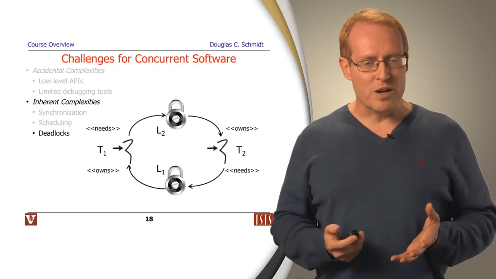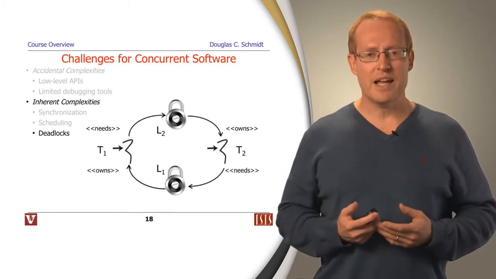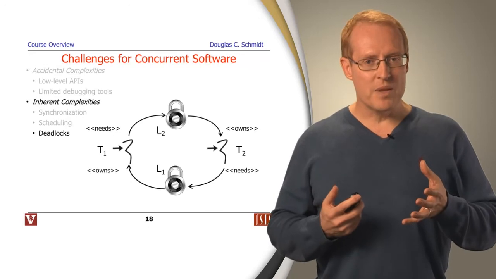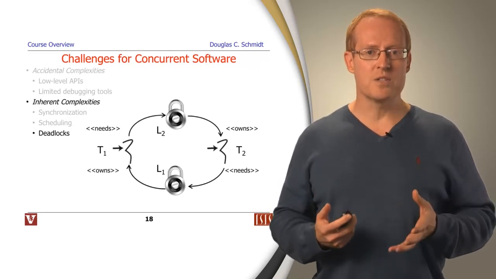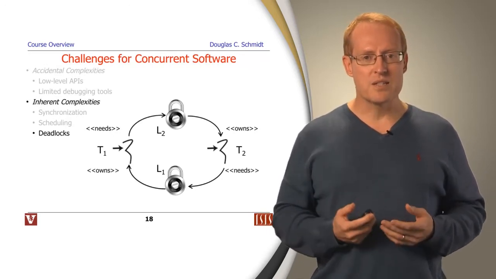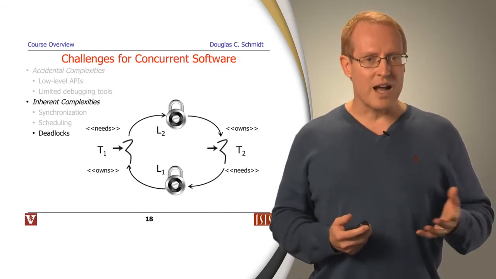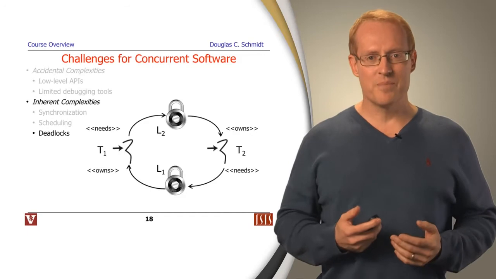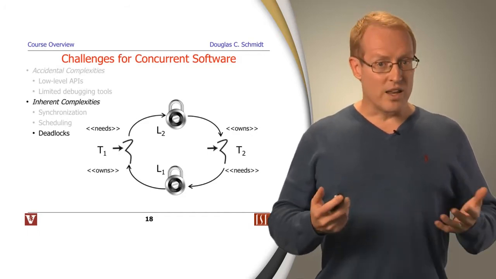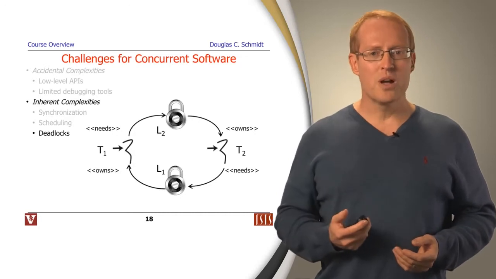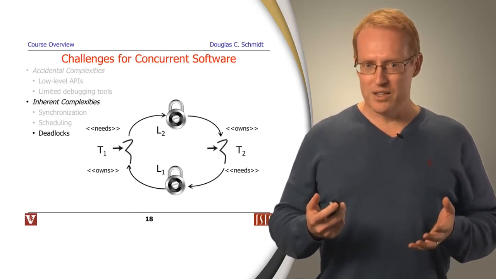Another problem that you have to wrestle with that's inherently complex has to do with deadlock, which are situations where threads end up having circular waiting dependencies on different resources. This example here illustrates a situation where thread T1 owns lock L1 and is trying to access lock L2, while thread T2 owns lock L2 and is trying to access and acquire lock L1.